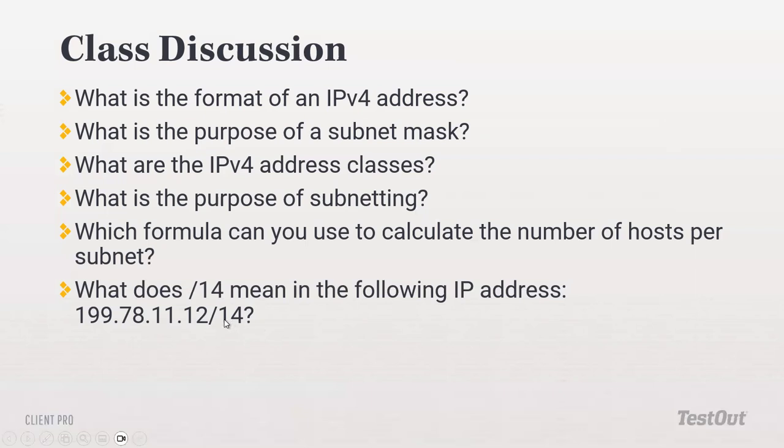So 128, that's 1, plus 64 is 192, plus 32 is 224, plus 16 is 240, plus 8 is 248, plus 4 is 252. So the subnet mask in this case would be a 14-bit subnet mask and would be 255.252.0.0.